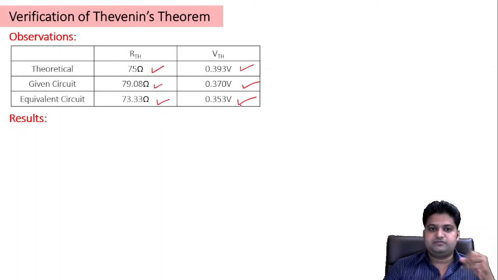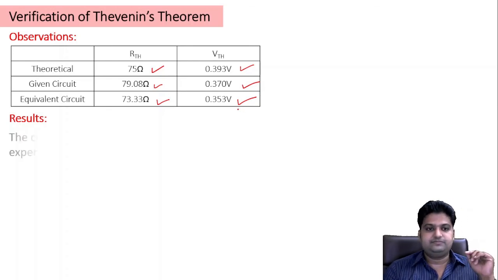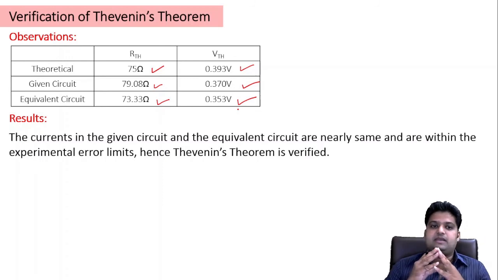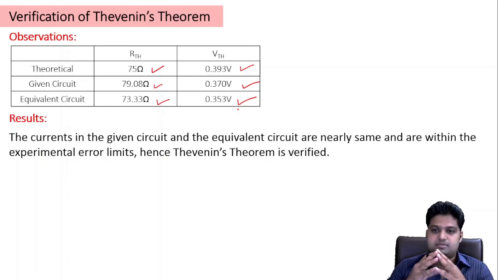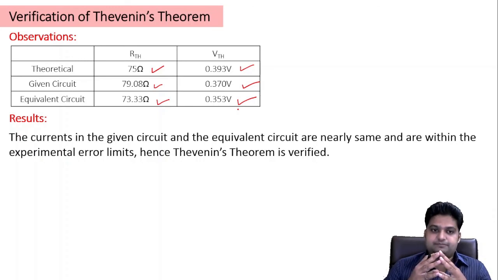Correct? If you can see, you'll realize it is quite good data that you have got. We have done our experiment really well. Therefore we can simply write the result at the end: the current in the given circuit and the equivalent circuit are nearly the same and are within the experimental error limits. Hence Thevenin's theorem is verified.